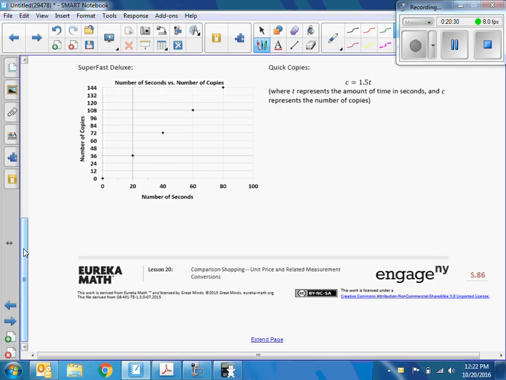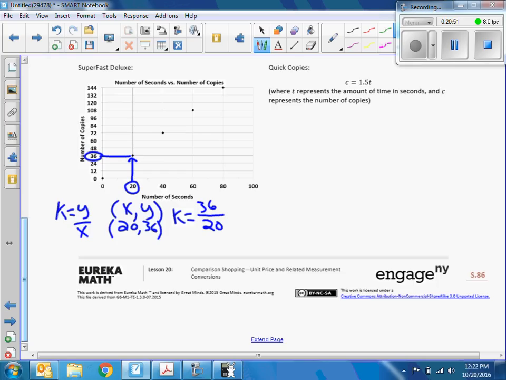We have to find K. K equals y over x. Points are x comma y. And if I look here, go up to that point, then it's the point 20 comma 36. So K equals y over x, which equals 18 over 10, reducing.